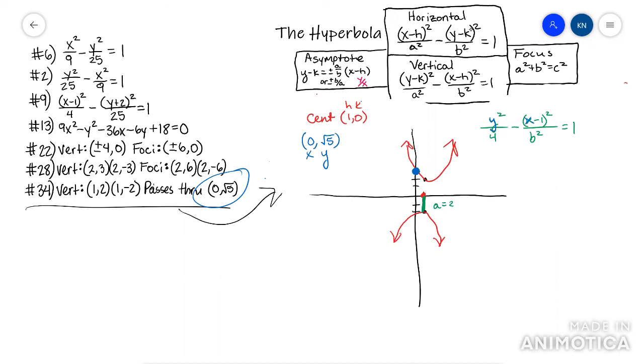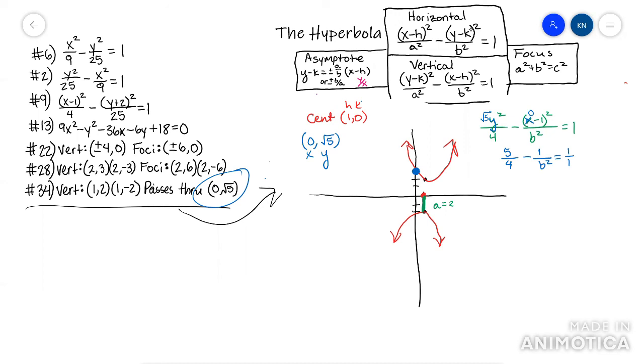So y squared is root 5 squared, which is just 5. So this turns into 5/4 because I called root 5 right here for the y. And then x is 0, so 0 minus 1 is negative 1. Squared becomes positive 1 on top over b squared equals 1 over 1. And now you have an equation that you can go solve.